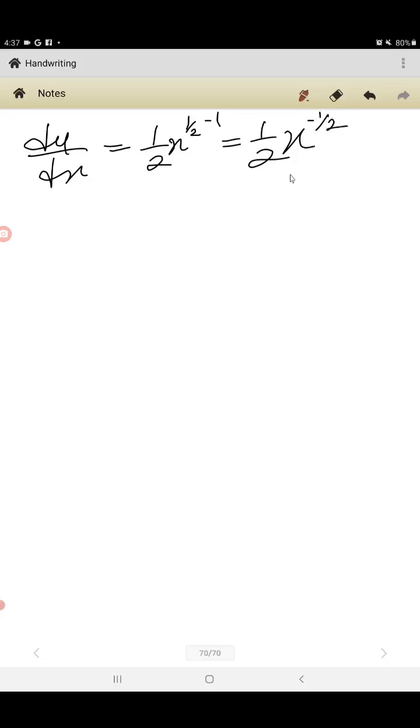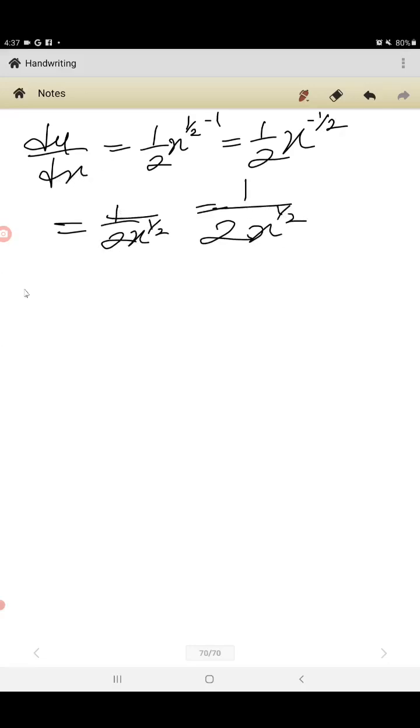Why am I slowing down at this junction? I don't want to make any mistakes, and that is exactly where you'll be doing yours too. Don't rush at this elementary calculus. So this is equal to 1 over 2 x raised to power half. By the law of indices, we have 1 over 2 root x. That is du/dx.